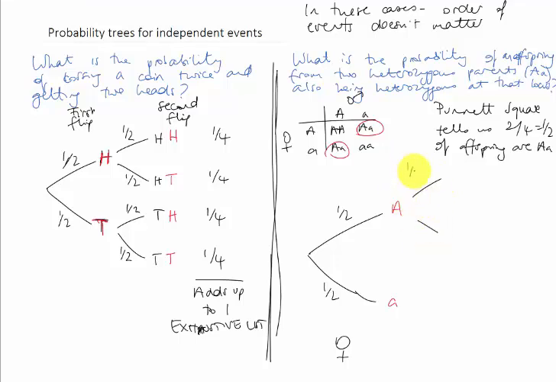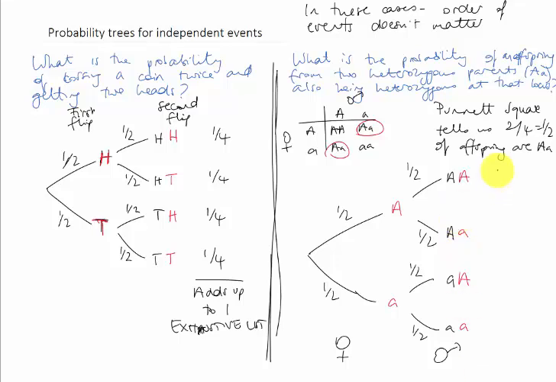And just the same as before, half, so the same thing from the father. So half of these are the dominant, half of the recessive.